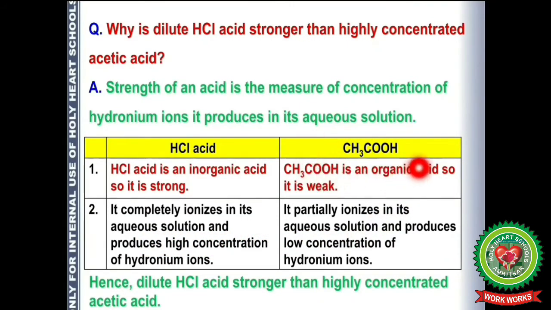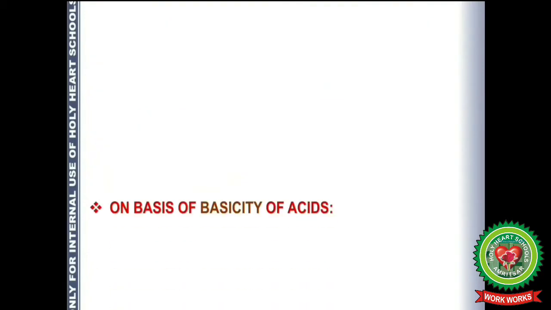But in case of acetic acid, as it is an organic acid, it will partially ionize in its aqueous solution and produce a low concentration of hydronium ions. Therefore, dilute HCl is stronger as compared to concentrated acetic acid.